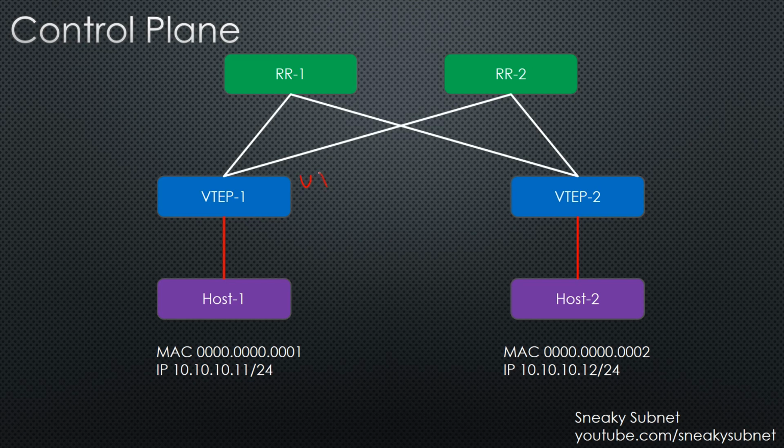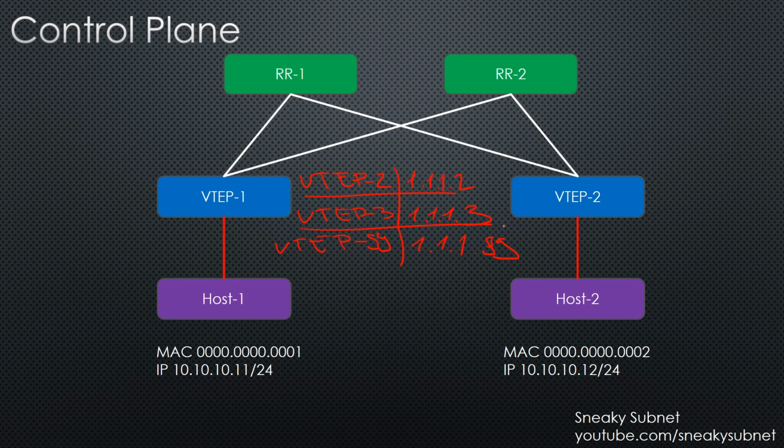So it knows about VTEP number 2, and it knows its IP address. It knows about VTEP number 3, and it knows about its IP address as well. And so on and so forth. It knows about VTEP number 99 with IP address 1.1.1.99.